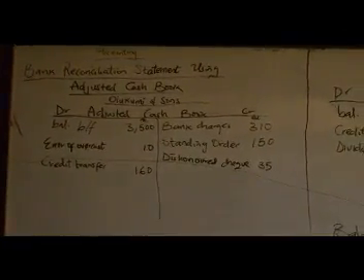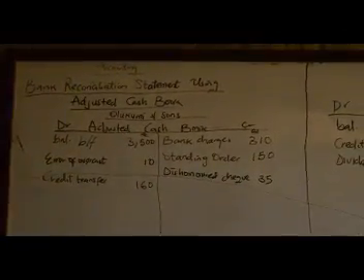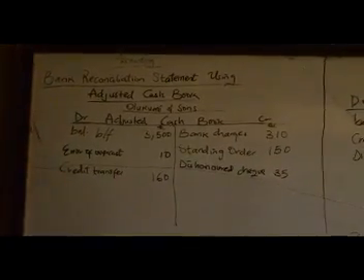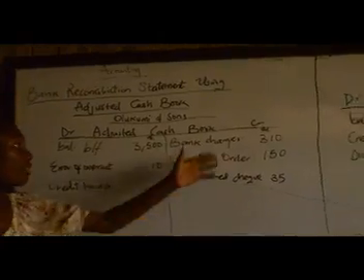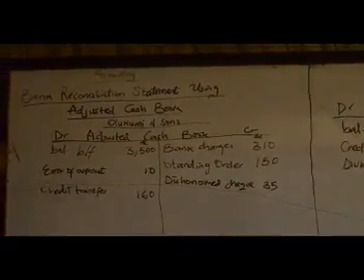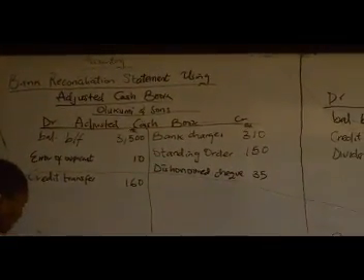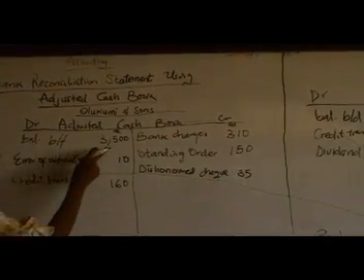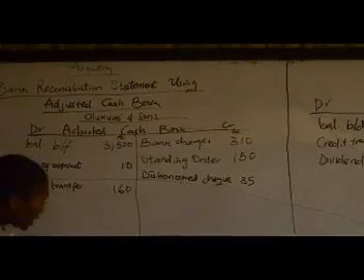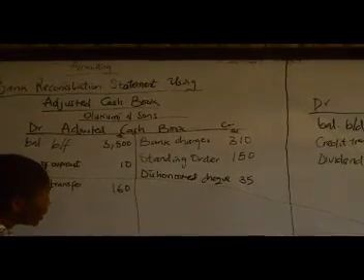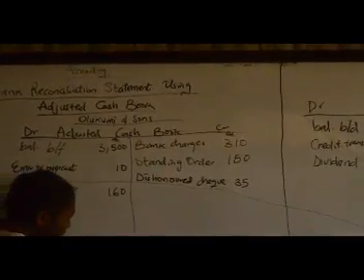We are going to get our balances. Like we do in our cash book, we'll just total our credit side and our debit side. So for our debit balance, we'll be having 3,500 plus 10 naira plus 160 naira, and that will be giving us 3,670 naira.